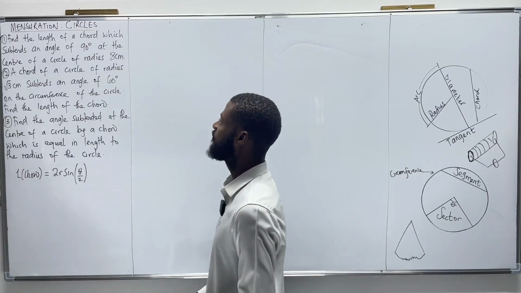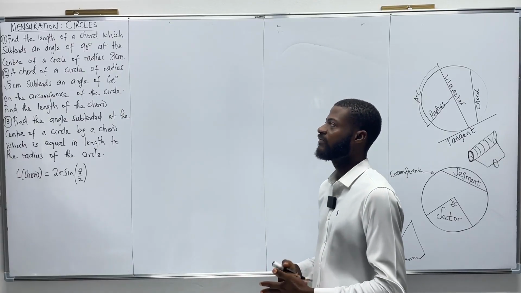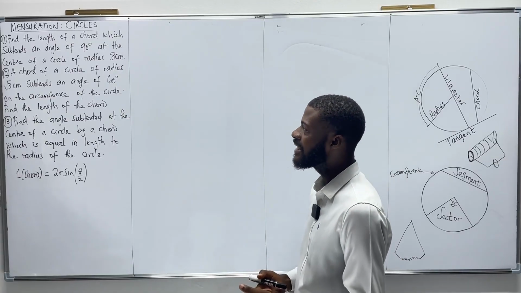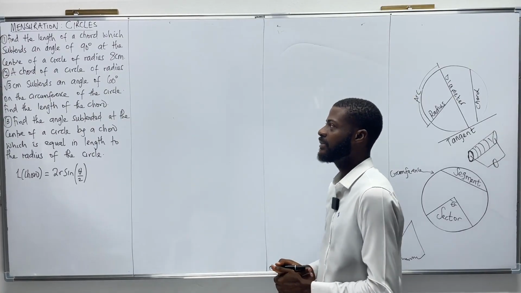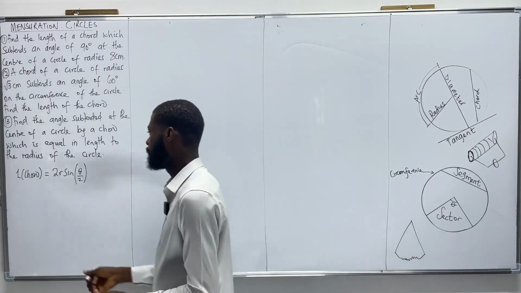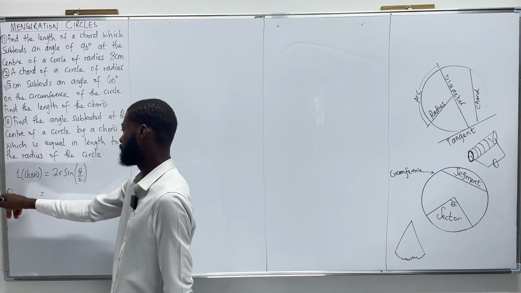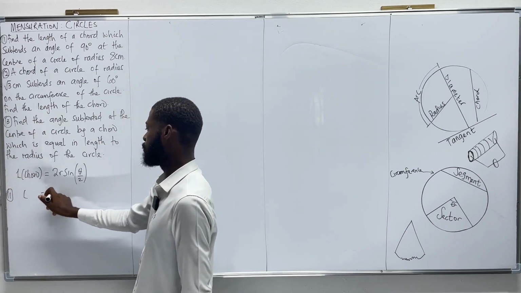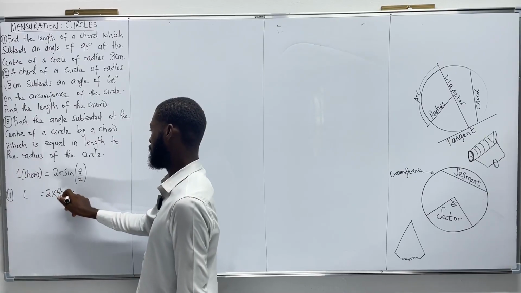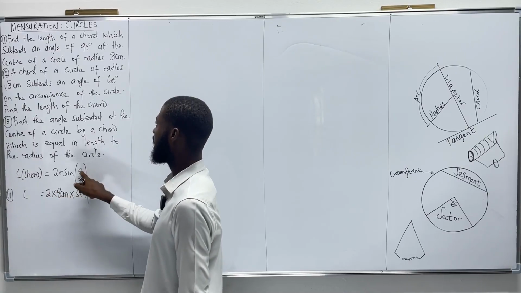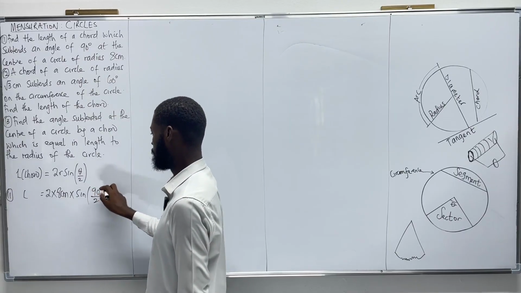All right. So the first question says, find the length of a chord which subtends an angle of 90 degrees at the center of a circle of radius 8 centimeters. So for this very question 11, the length of that chord will be 2 times the radius, which is 8 cm, times sine of the angle, 90 degrees over 2.